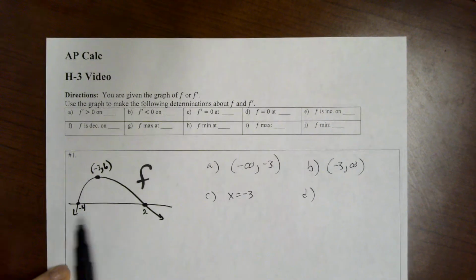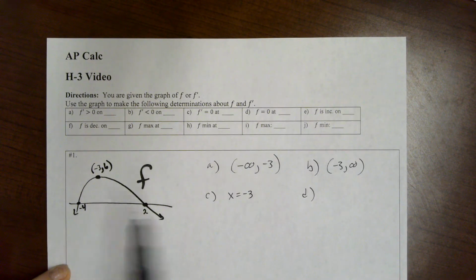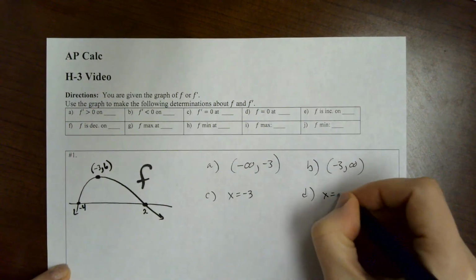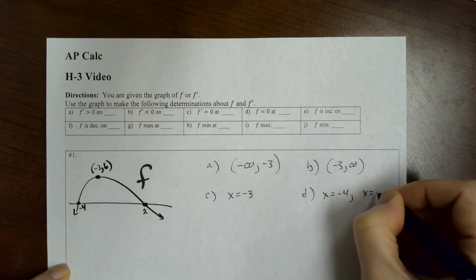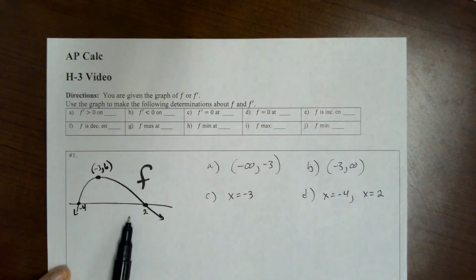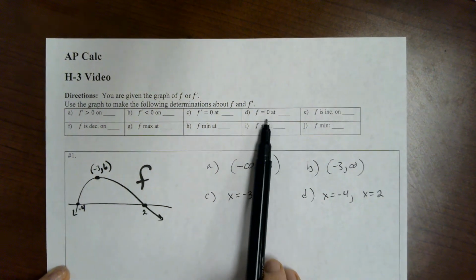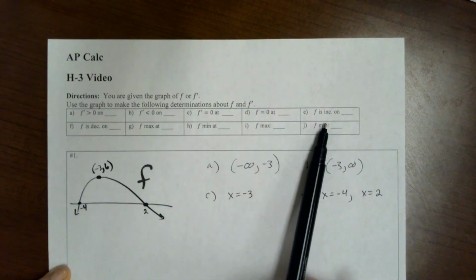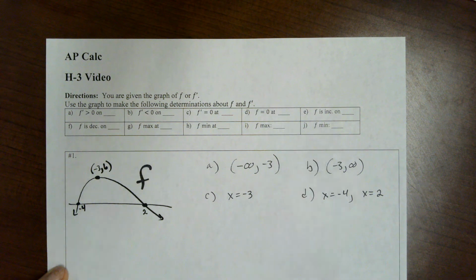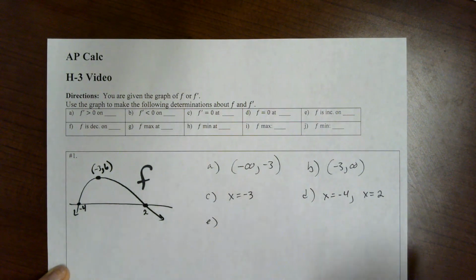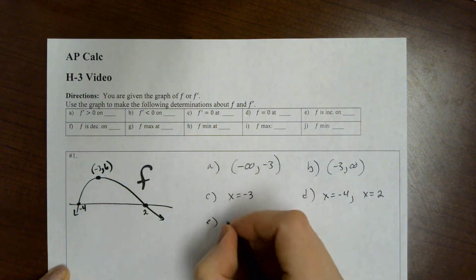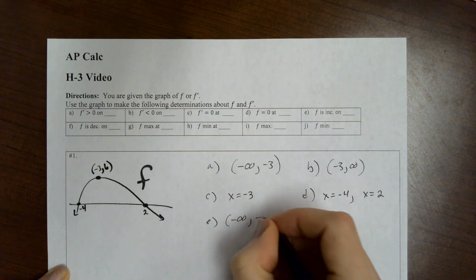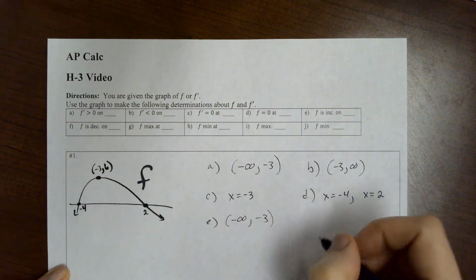So F equals 0 at two places, -4 and 2, because this is the graph of F, and F equals 0 where it hits the x-axis. F is increasing on negative infinity to -3. That's kind of like part A.